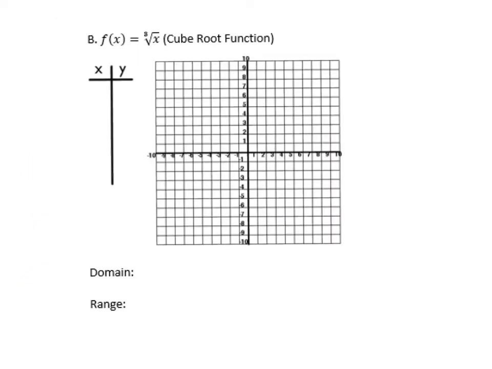Our next parent function is the cubed root function. And we have a little bit more flexibility with this. Cubed roots can be positive or negative. And we'll plug in both kinds of values for our input. Thinking about our cubed column for our power chart, the cubed root of 0 would be 0.